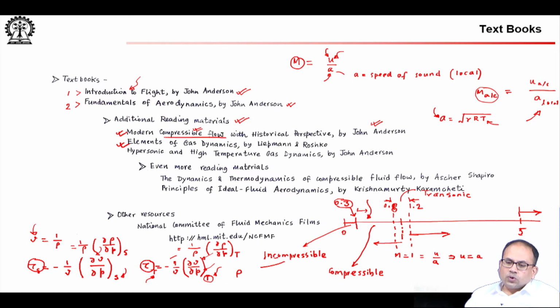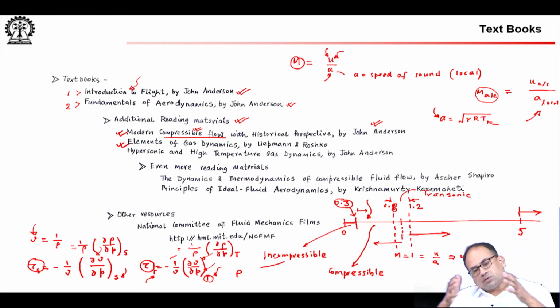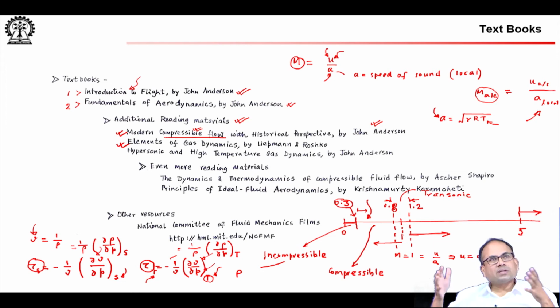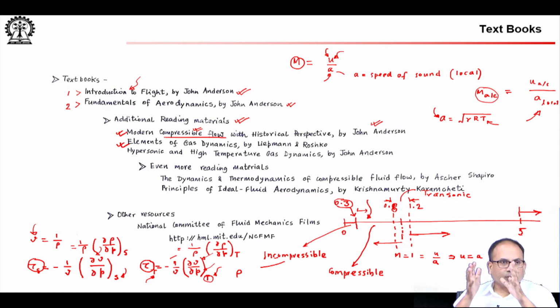For those of you who are really interested in aerodynamics, and even high speed propulsion systems, which by themselves involve a lot of aerodynamics, if you are interested in aerodynamics or propulsion, I would recommend that you also take a look at these books. It is not always possible to read all of them right now, but at least you should be aware of what the good books are.